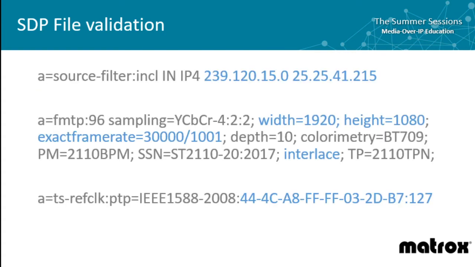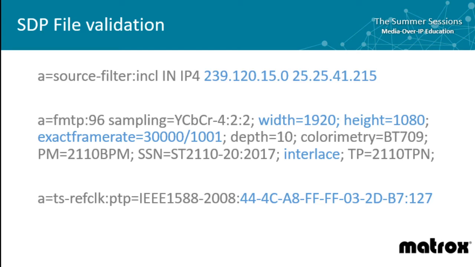So I have an example here for you. I know it's a bit of an alphabet soup, but what I'm trying to show you is, if you need to check what the multicast address of the signal is, and what resolution the SDP file says the signal is, you can look in the SDP file for this example. It's sending a multicast address 239.120.15.0.